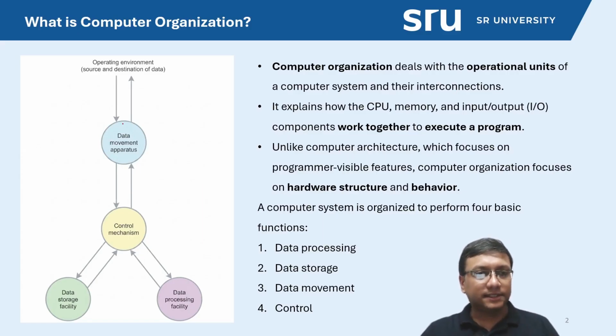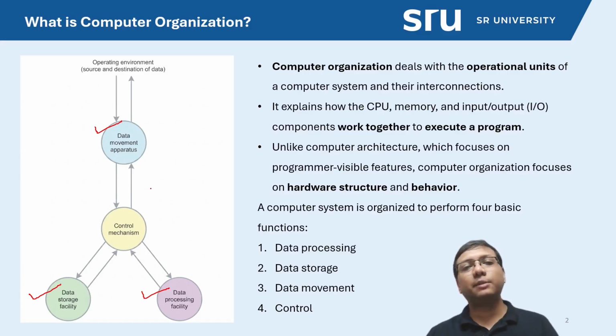So if you look at this diagram, a computer system actually has four basic functions. Namely data processing, then data storage, because it is very important to store the data, not only process it. Data movement, because from one place to another place data needs to be moved, and how all these processes will be controlled.